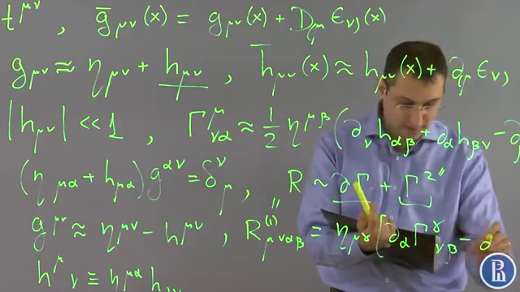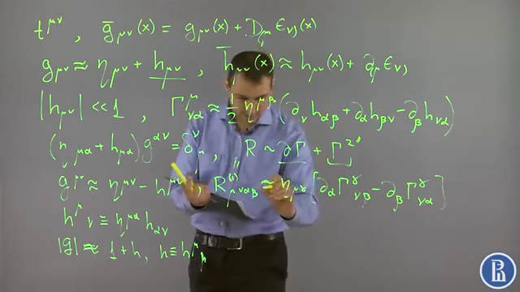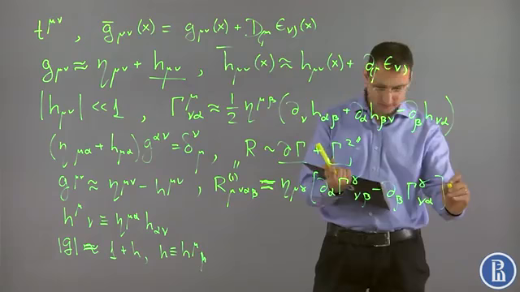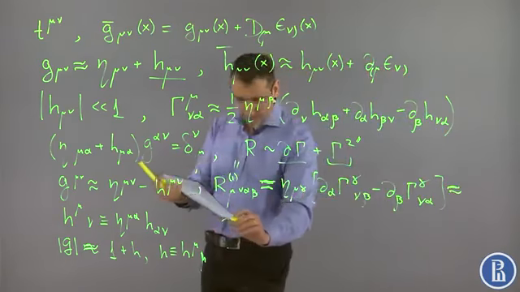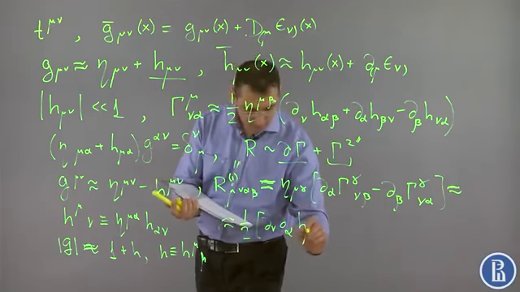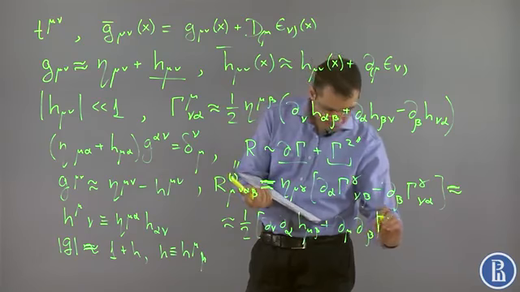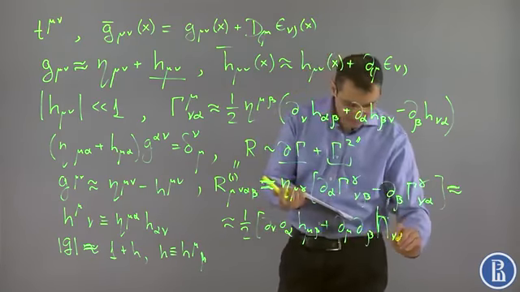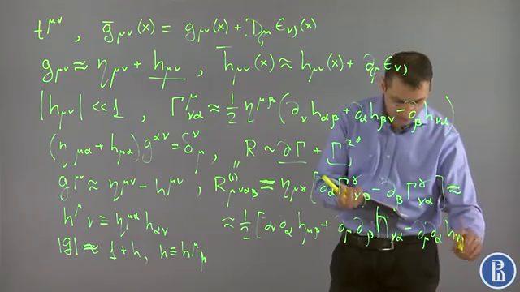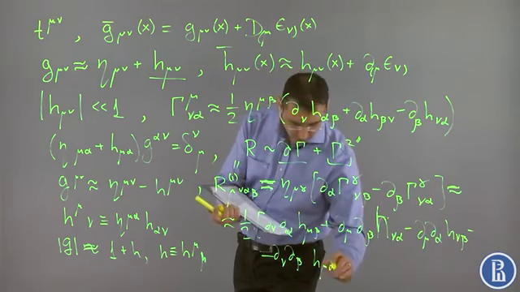It is the definition of the first linear approximation for the Riemann tensor. This is equivalent to 1/2(∂_ν∂_α h_{μβ} plus ∂_μ∂_β h_{να} minus ∂_μ∂_α h_{νβ} minus ∂_ν∂_β h_{μα}).